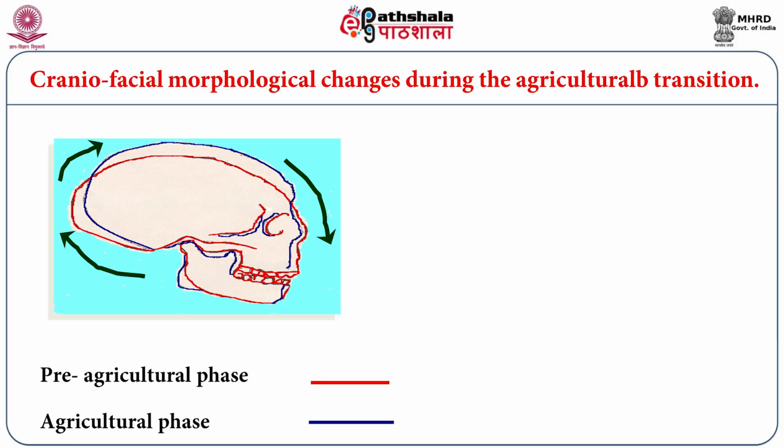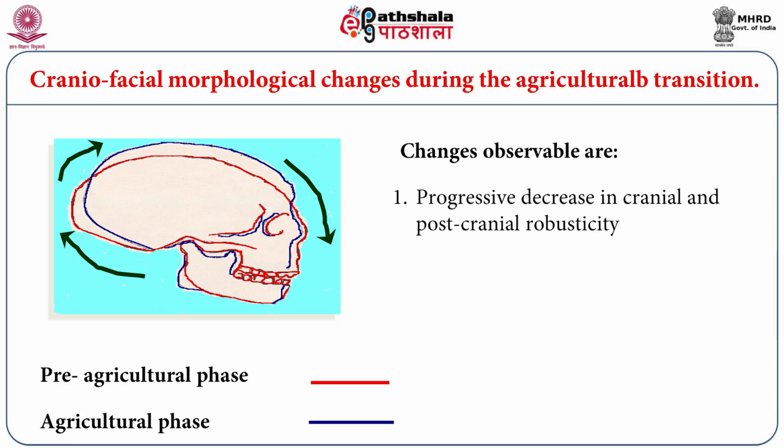What are the changes? The changes observable are a progressive decrease in cranial and postcranial robusticity. There is a diminution of the size of the human being. Robust indicates huge individuals.